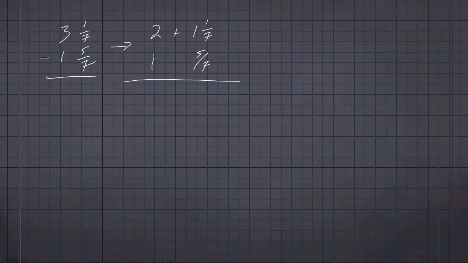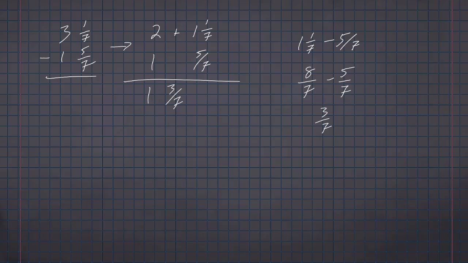And now we can subtract and everything will work out. 2 minus 1 is 1. 1 1/7 minus 5/7. Well, that's a little bit tricky, but we can take 1 1/7 and we can convert from a mixed number to an improper fraction. And then see that 8/7 minus 5/7 is 3/7.